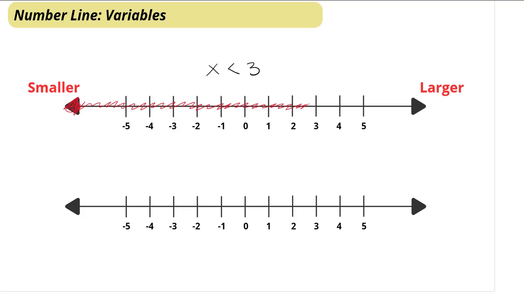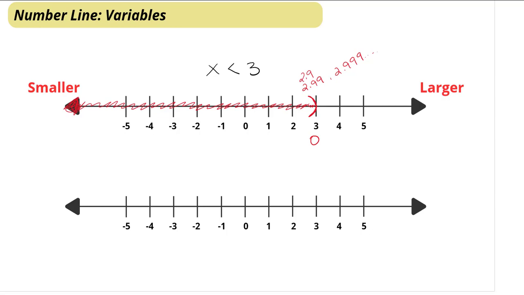Everything less than 3 counts. But as we get closer in here, well, is that a 2.9, a 2.99, a 2.999? We can add that 9 forever, right? So how close do we get to that 3? How do we tell our readers? That's where the open circle or the parentheses come in handy. We're going to start using the parentheses, but again, we can also use the open circle.